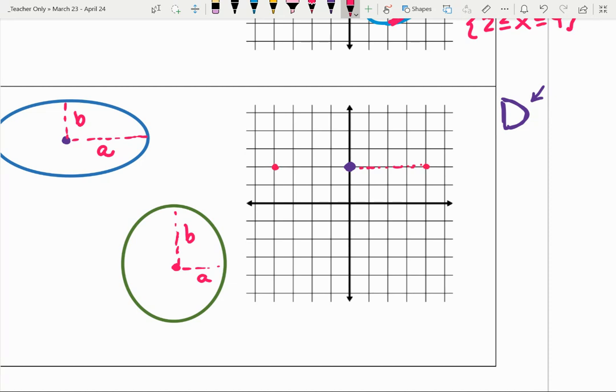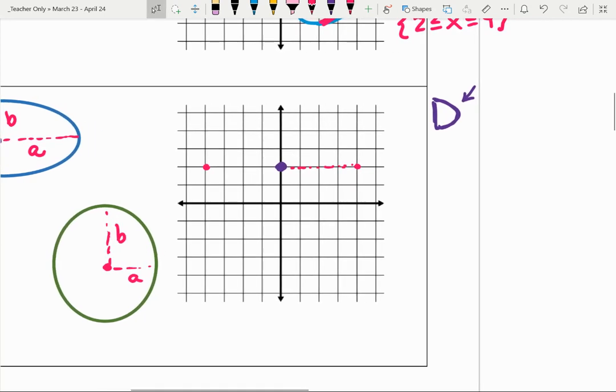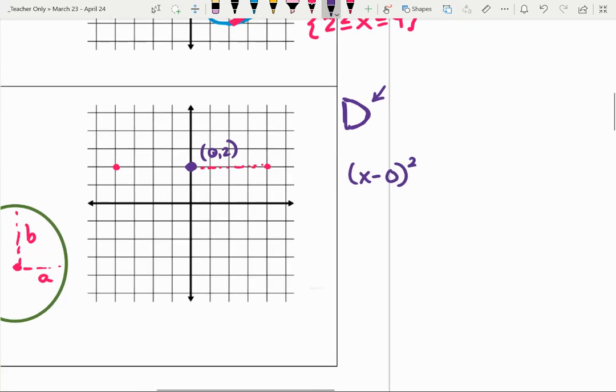So I'm kind of tracing this out in my mind. I'm going to start, of course, with my center. If my center is (0, 2), then in my equation, I'm going to do x minus 0 squared and y minus 2 squared. And then I need to think about what I'm going to be dividing by.